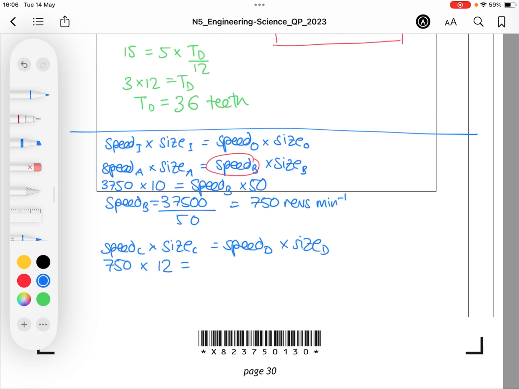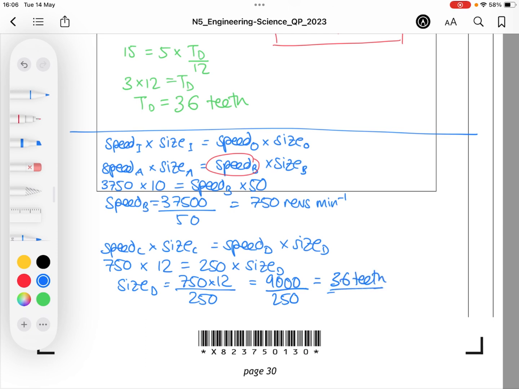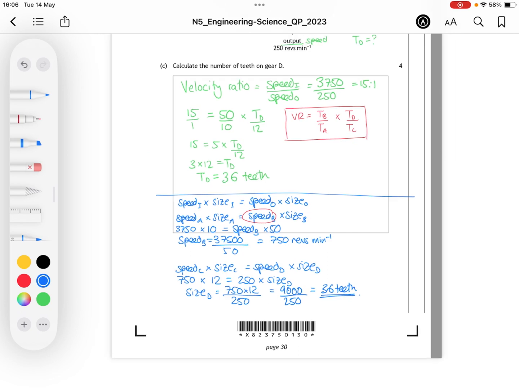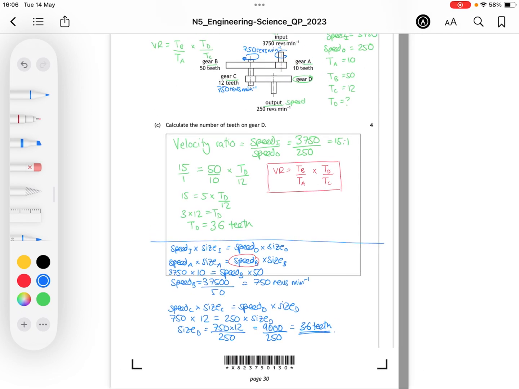The speed of D I know is 250, and that is all times the size of D. So the size of D is equal to 750 times 12 divided by 250. When you pop that into your calculator, that's 9,000 divided by 250, which gives me exactly the same answer, 36 teeth. And so there are two ways of getting to the same answer.